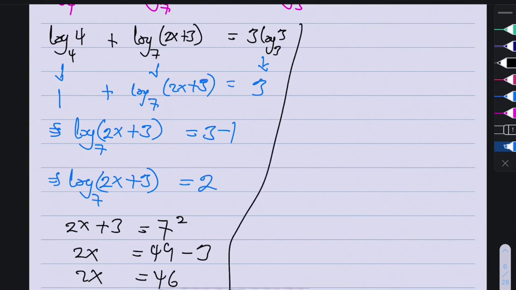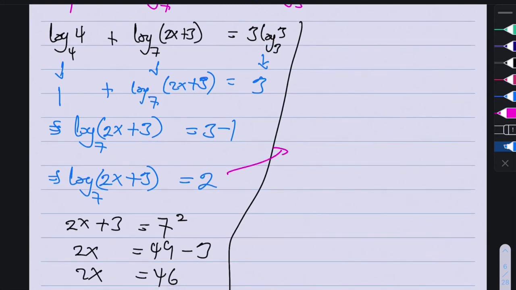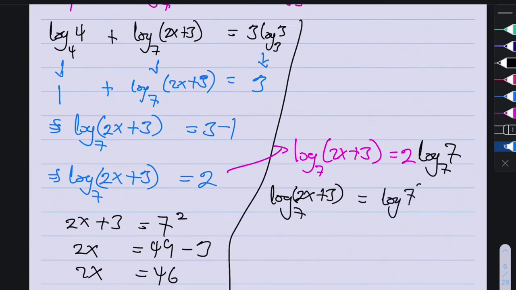Now, the earlier approach that I was talking about, from here, I want to show you how to use that as well. So let's say you have log 2x plus 3 base 7 is equal to 2. I told you that you can also write log 7 base 7. You are using 7 because the base here is 7. All right. Now, that would mean that you have log 2x plus 3 base 7 is equal to log 7 square base 7.